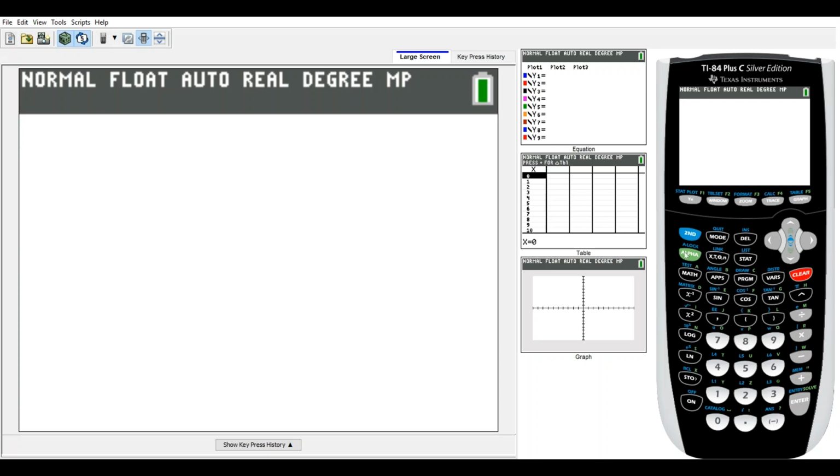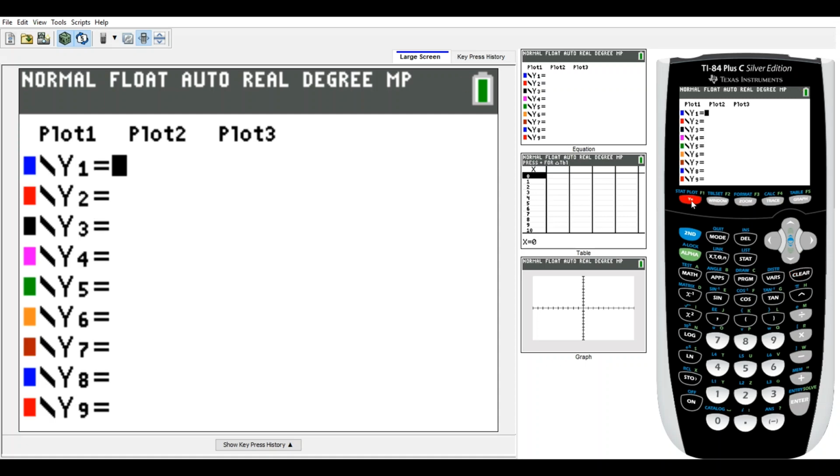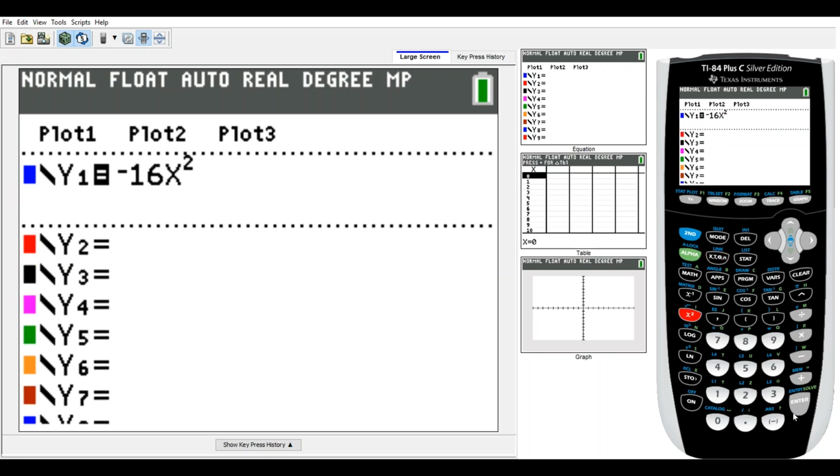We're going to go into our y equals, okay, and then we're going to plug in our function for position, minus 16, and we don't have t on here. Well, we kind of do, but when we're in function mode, we have to use x. So we're going to have x squared and then plus 96x.